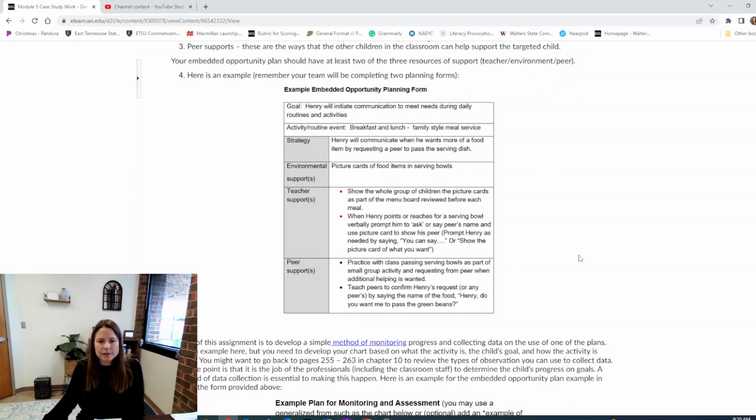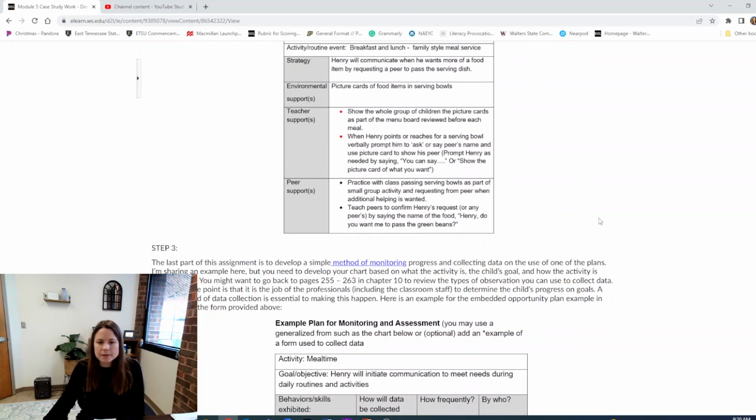The teacher support is she showed the whole group of children the picture cards as part of the menu board reviewed before each meal. And then she also supported Henry when he pointed to a serving bowl. She verbally prompted him to say or ask his peer's name and use the card to show his peer. And then the peer supports was they did practice with the class passing serving bowls during small group and requesting from peer when additional help is wanted.